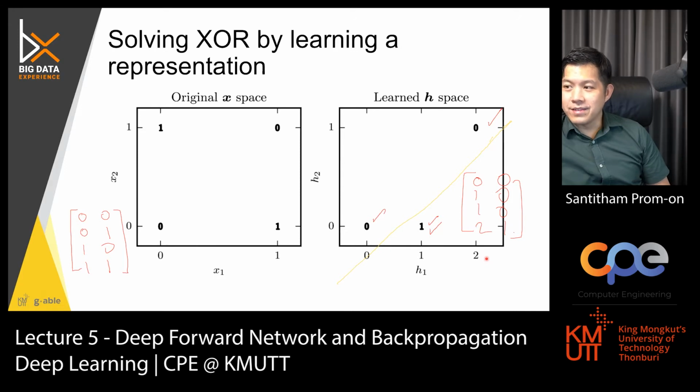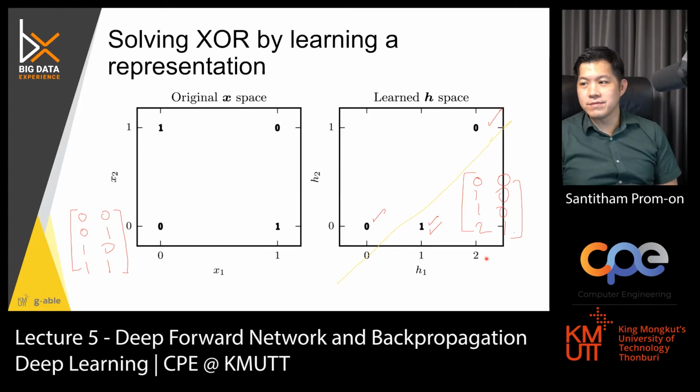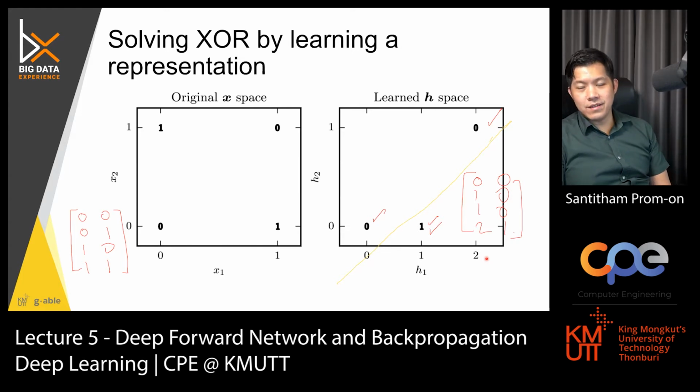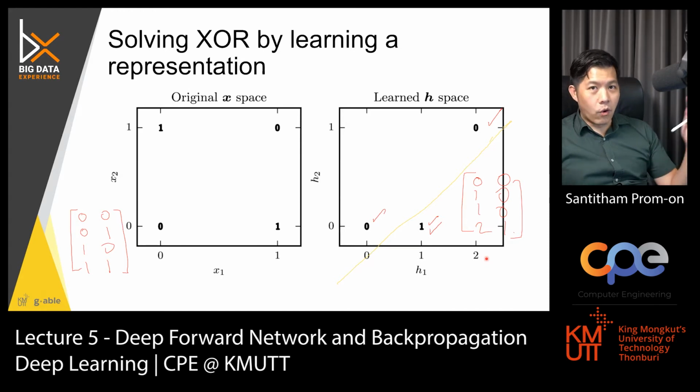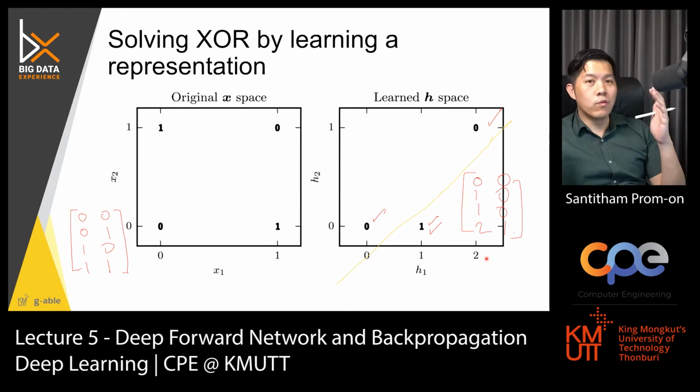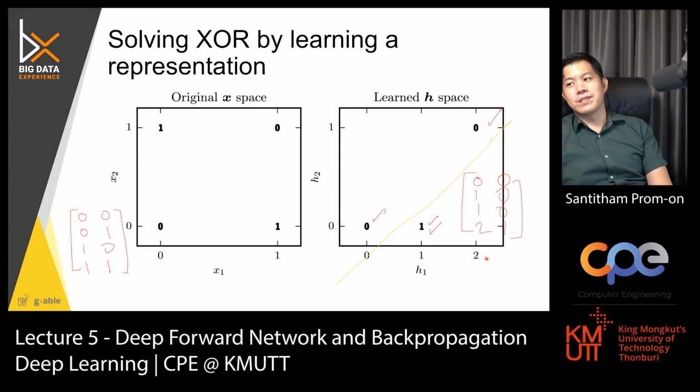Any idea on what is happening? And this would be the explanation of the whole deep learning, the whole neural network stuff, why it works. I will wait for some explanation for this slide.